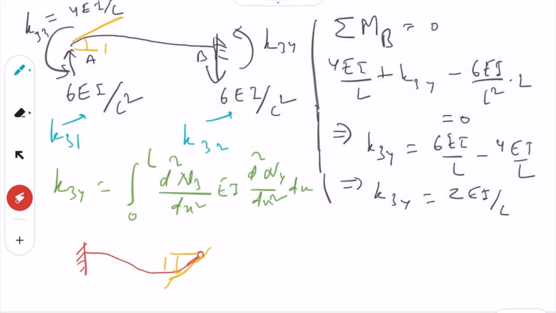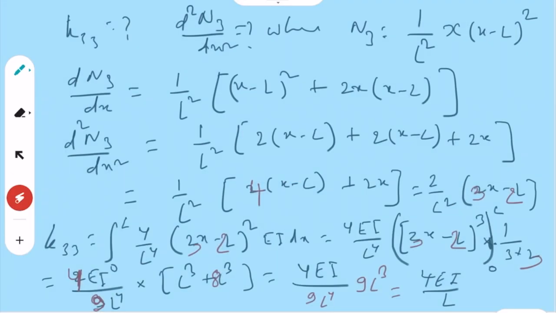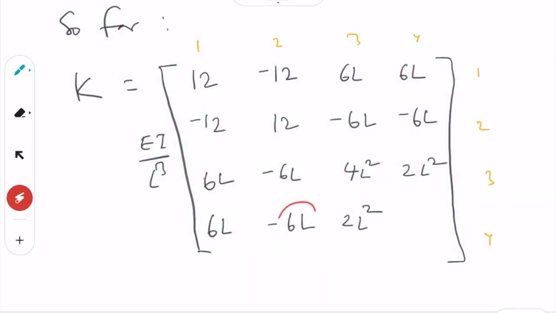Here we have 6 EI over L square which is downward. The second one is minus, so hence we get downward 6 EI over L square, and this 2 EI over L is the third.